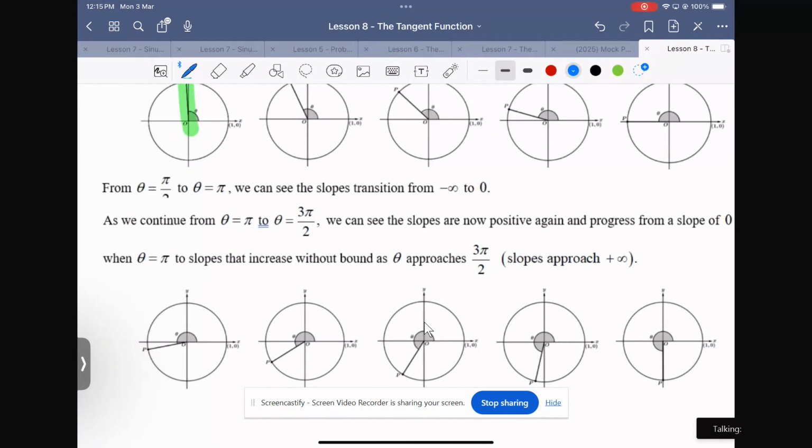Are the slopes in this quadrant positive or negative? Here they're positive again until we get up to this angle here. What is this angle? This is 3 pi over 2. So as we get to there, it's going to approach infinity.